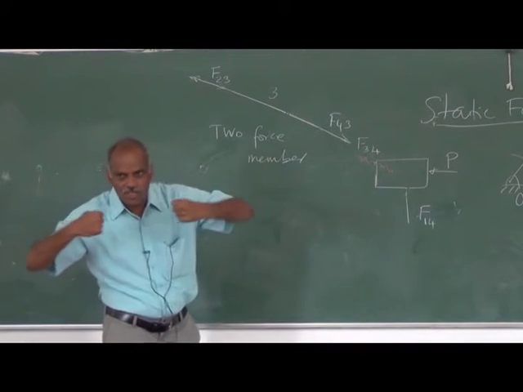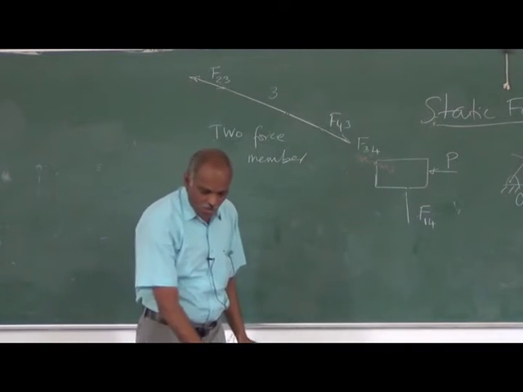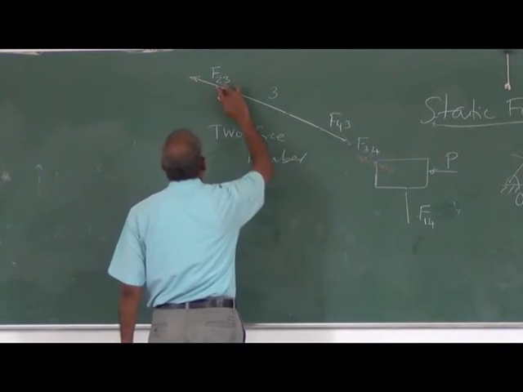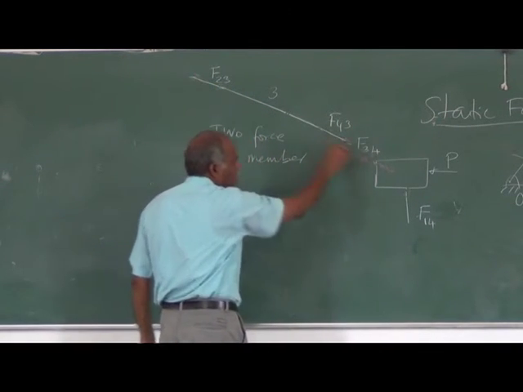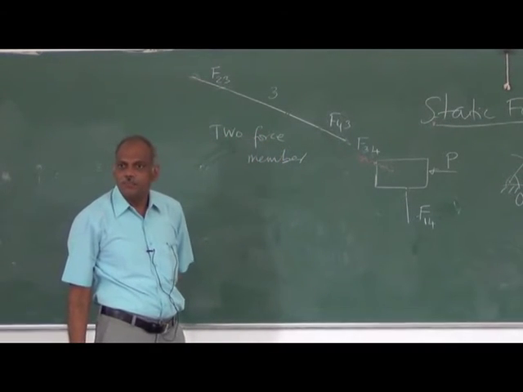Whether they may try to compress the link or may try to expand the link, we do not know right now. But what we know is these two forces must be along this line, along the axis of the link.